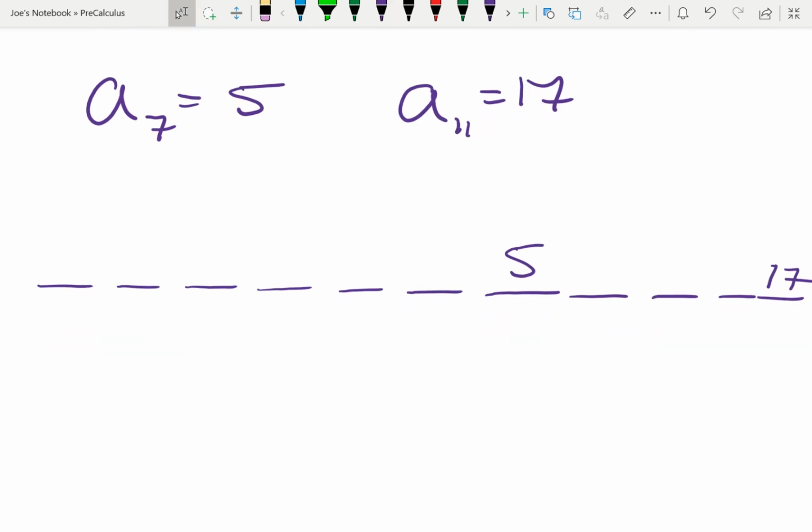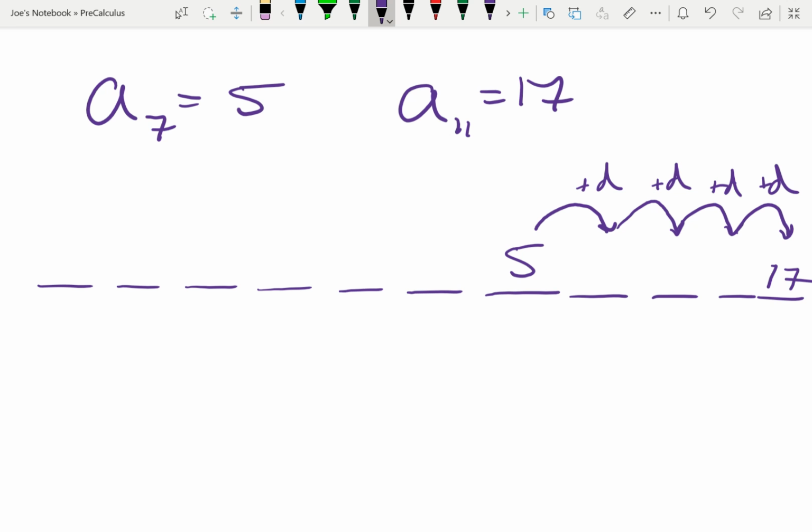So you could figure out the difference by saying, all right, for me to get from this term to this term, I'd have to add one difference. And then to get from that term to that term, I'd have to add another difference, and so on and so forth.